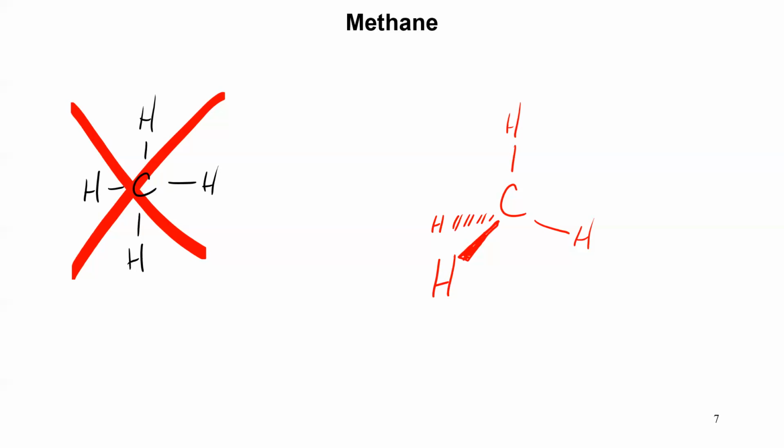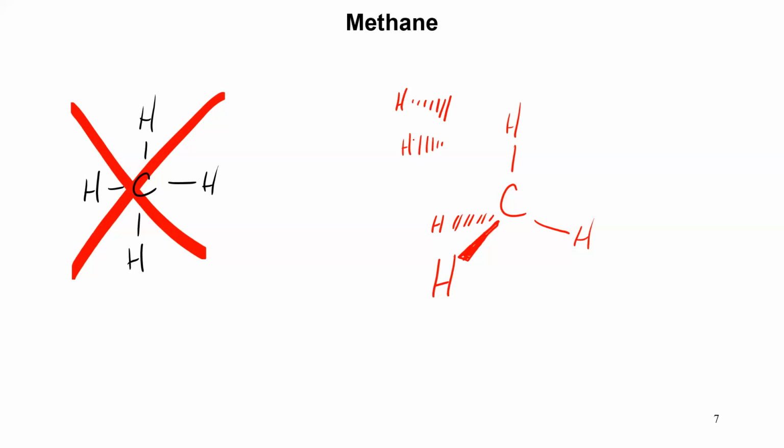Our textbook does a good job at drawing this dashed wedge with the wedge part closest to your face and the dashed part farther away. There are some other sources that will draw it the exact opposite.